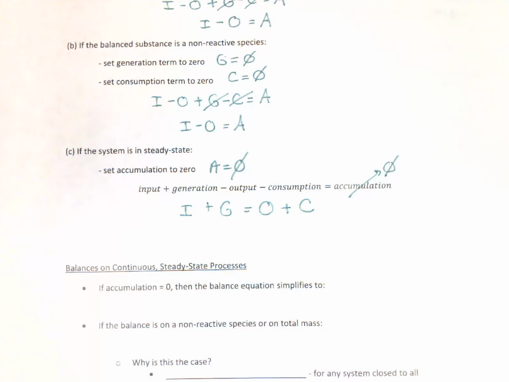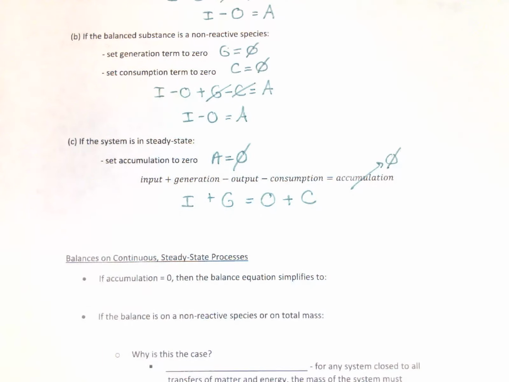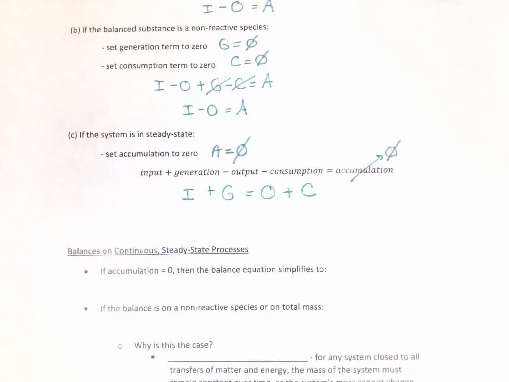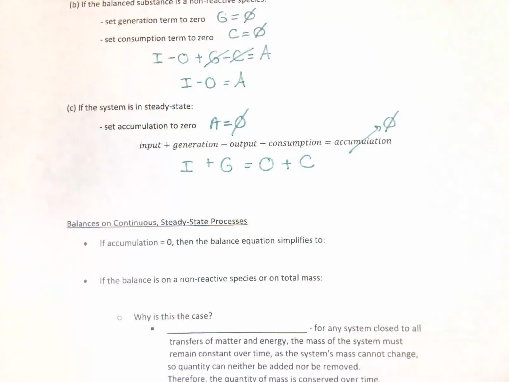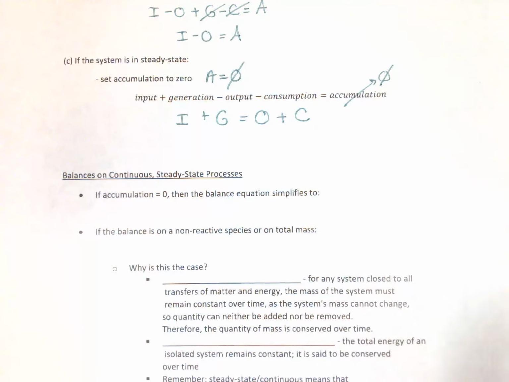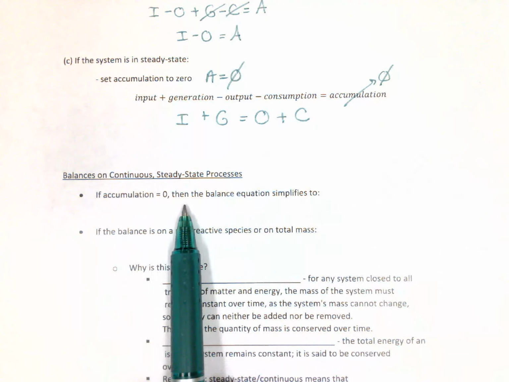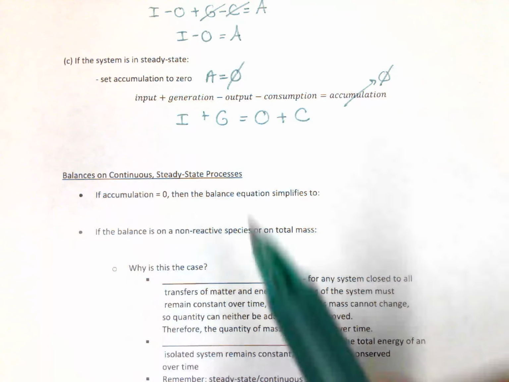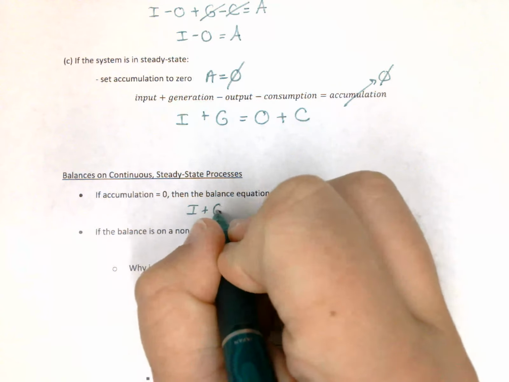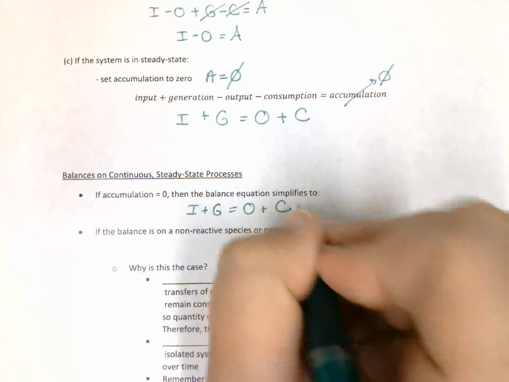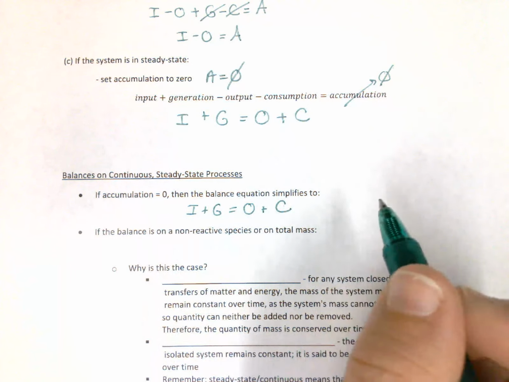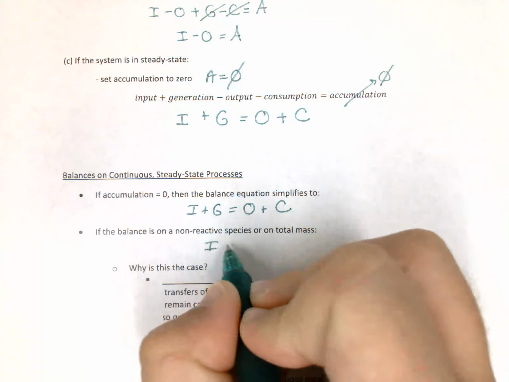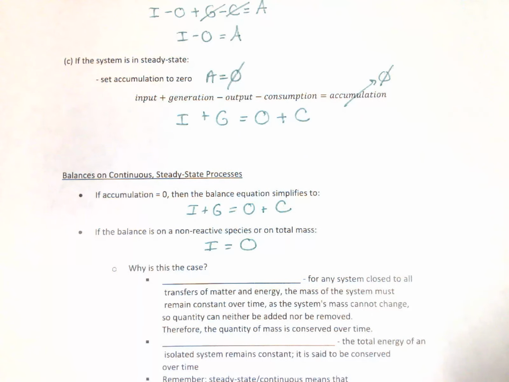So those are some general rules to help make your life a little bit easier when it comes to mass balances and trying to simplify. Let's talk just a little bit more about that because this is really critical. If accumulation equals 0, which is what we just did, we know that input plus generation is going to be output plus consumption. And if the balance is non-reactive or it's on total mass, many times input is just going to equal output, no accumulation, right?